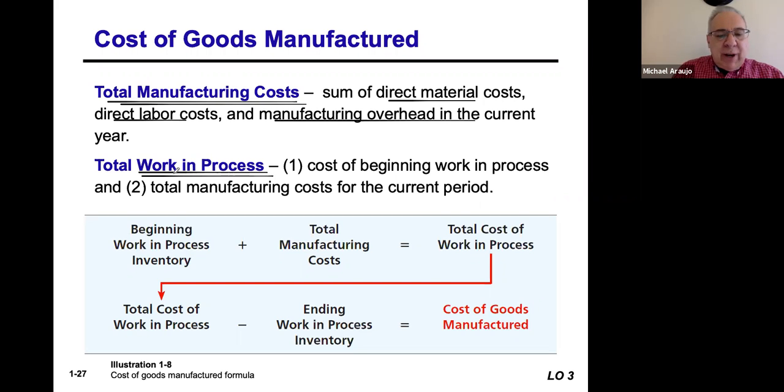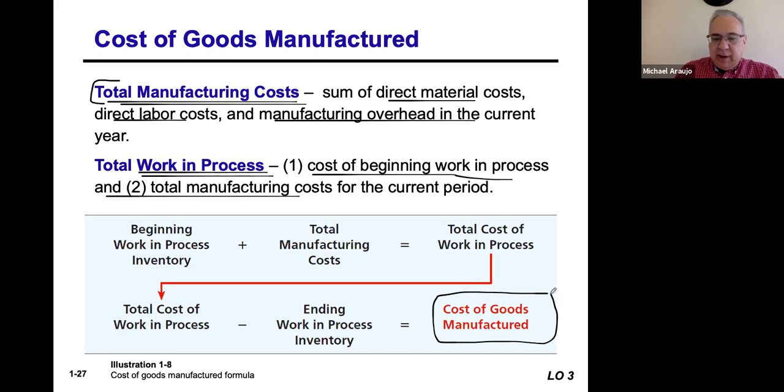So for total work in process here, we take the cost of that beginning work in process, and we look at the manufacturing costs, which we talked about here. To get the cost of goods manufactured, it's a little bit of a formula, but it's not bad. You take the beginning work in process inventory, the stuff you're working on right now.